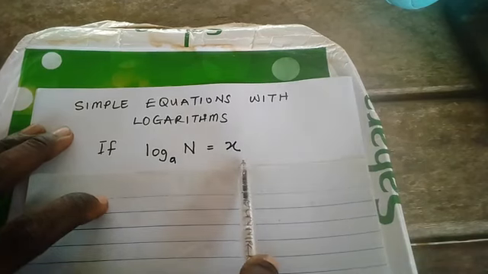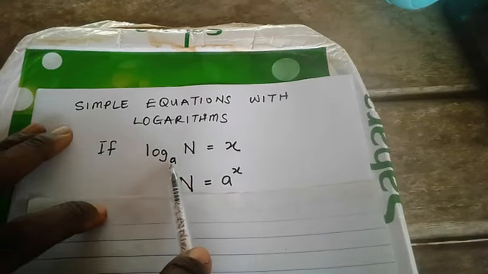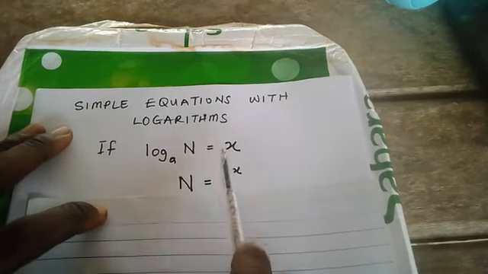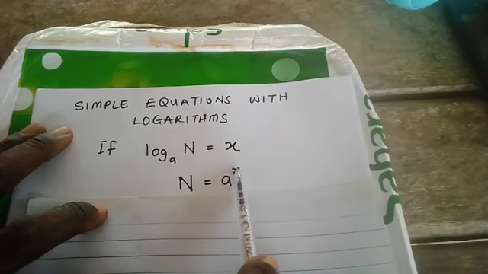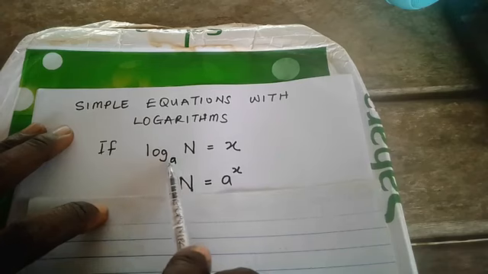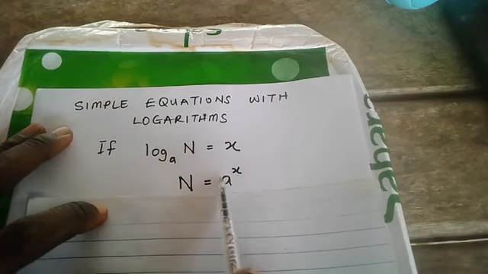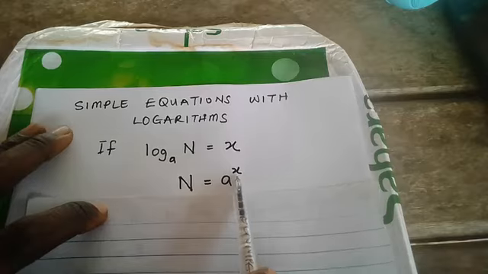It can be written back in the form of indices as n, while the base of this logarithm will come to this other side and will be the base here, and whatever is here will now become the power. So log n base a is equal to x can be written in indices as n is equal to a raised to the power x.